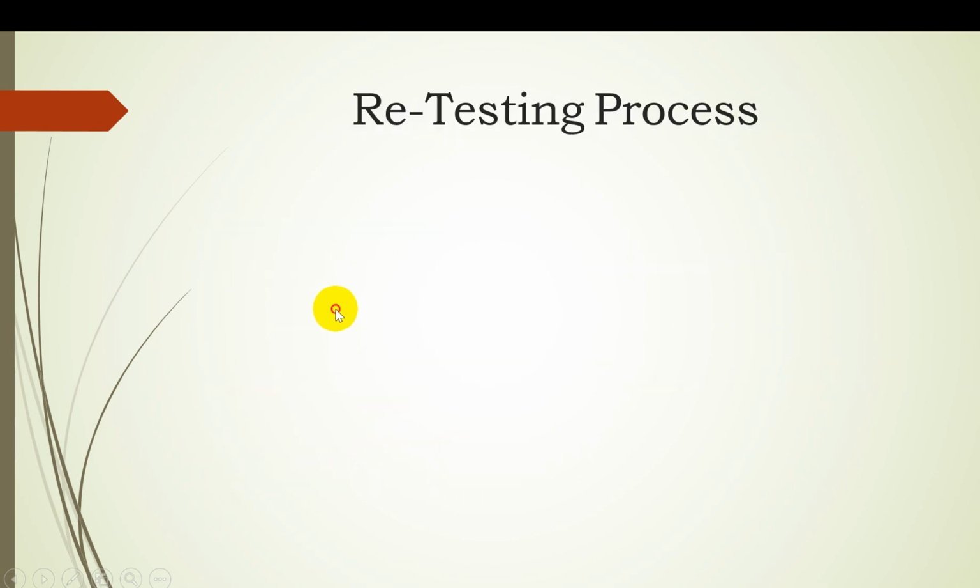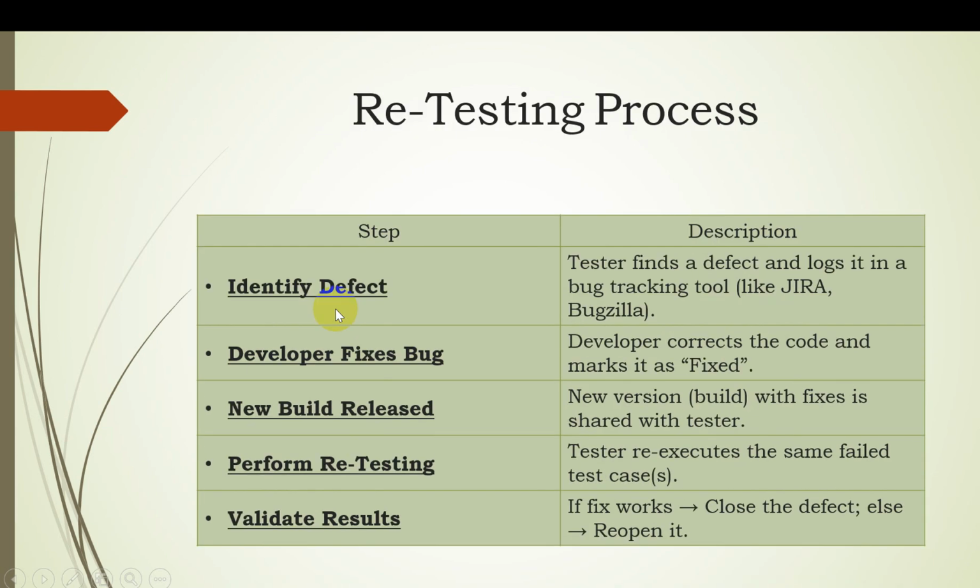Now, there are the retesting processes. We can say we have five steps. One is identifying the defect. The tester finds the defect and logs it in a bug tracking tool like Jira or Bugzilla. I hope everyone knows about Jira, those who are working professionals. The next point is the developer fixes that bug. The developer corrects the code and marks this defect as fixed. Then a new build is released.